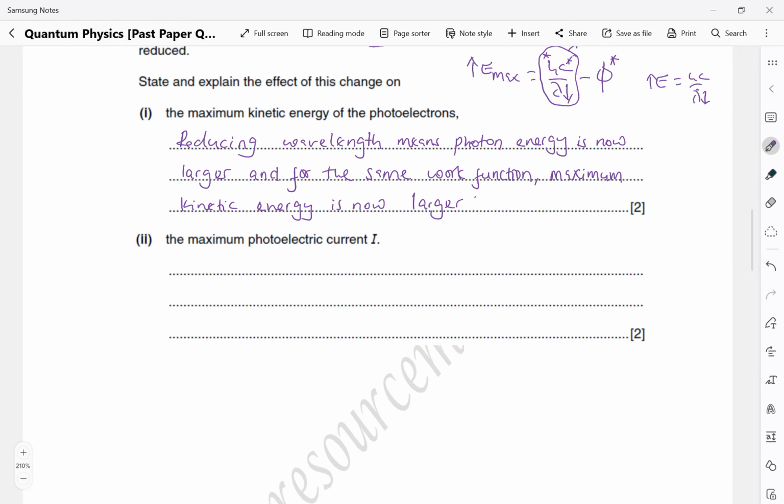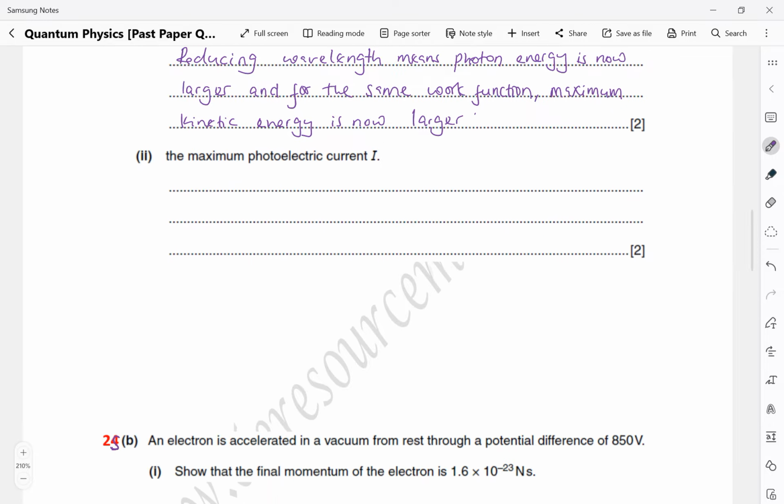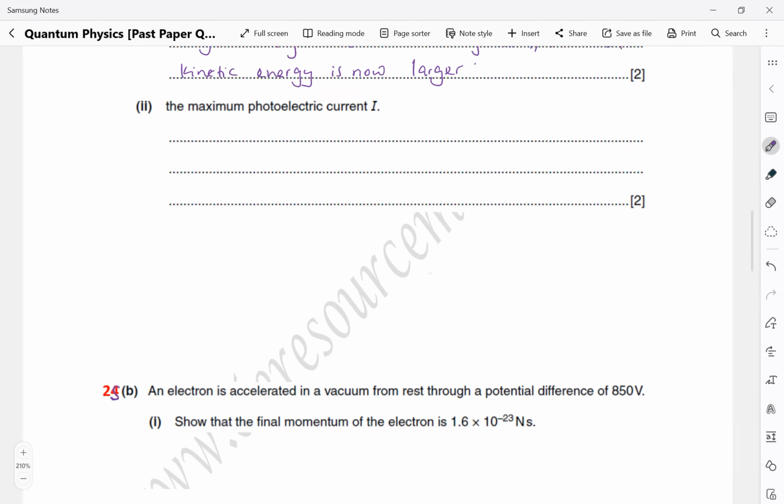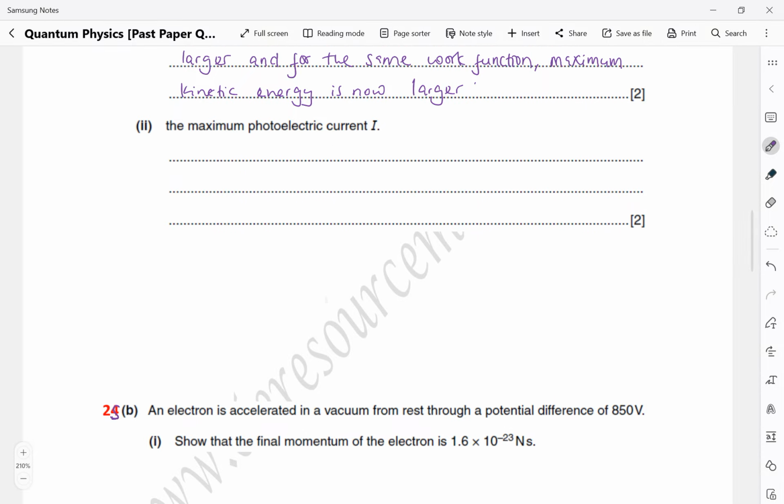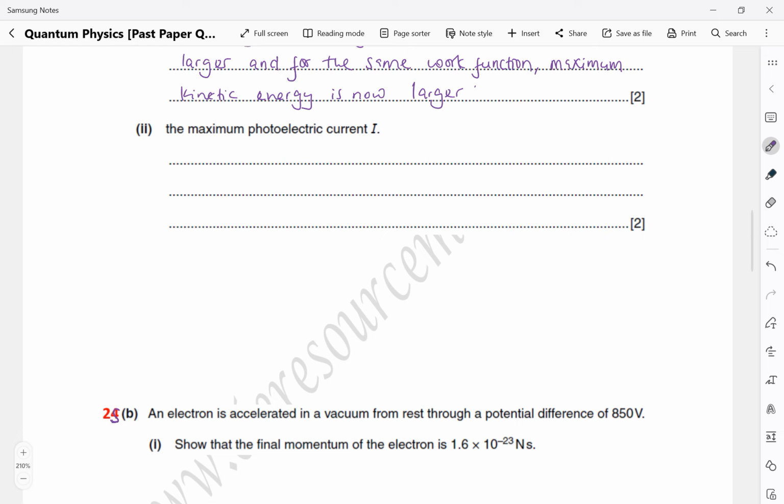than the maximum photoelectric current I. So we have already answered a similar question in the past, but just to be very careful with this, let us say I'll use a different letter for intensity, even though I'm used to using I. We know that intensity is equal to power per unit area.